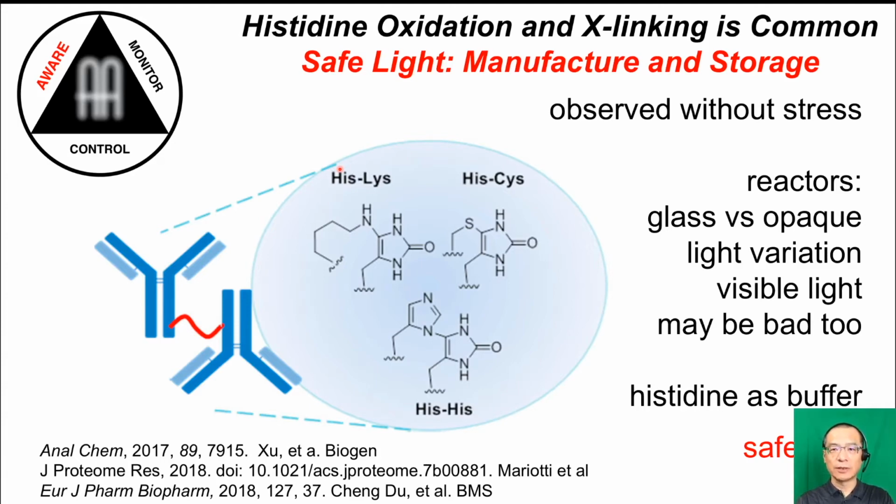During manufacturing and storage, all the reaction vessels are exposed to UV light, so because of this discovery, people are switching to safe light in the manufacturing environment. The other example is that during small scale production, some of the reaction vessels are actually exposed to light, which makes the process less reproducible.